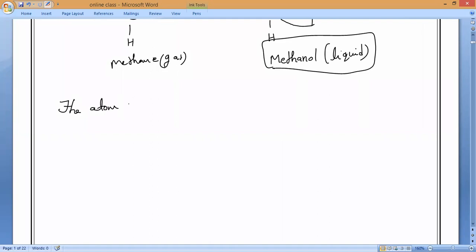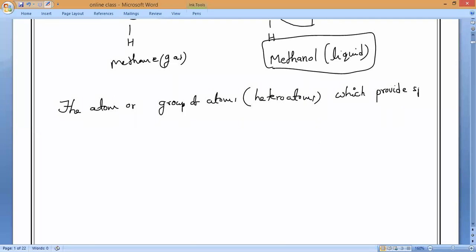The atom or group of atoms, that is what heteroatoms we used to say, which provide specific properties to the organic compounds. Is it okay, guys? Everybody?